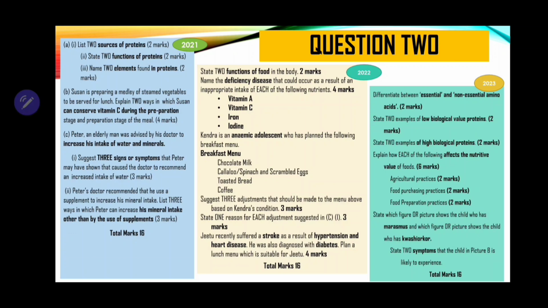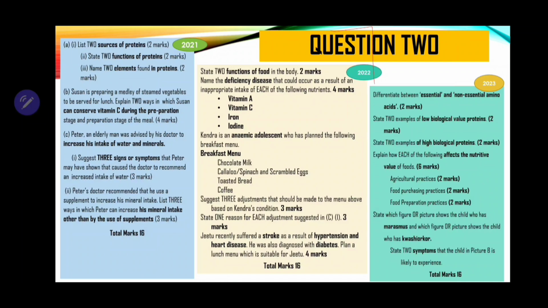Now let us see what the final question in the year 2023 is. It says, state which figure or picture shows a child who has marasmus and which figure or picture shows a child who has kwashiorkor, right? So it's very important for us to be able to identify signs of these deficiency diseases, right?